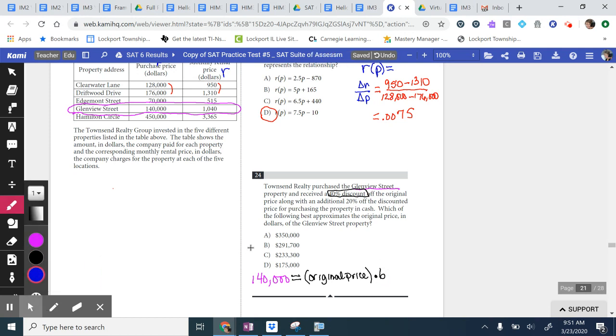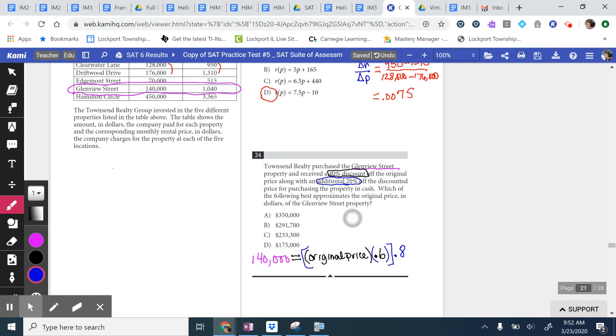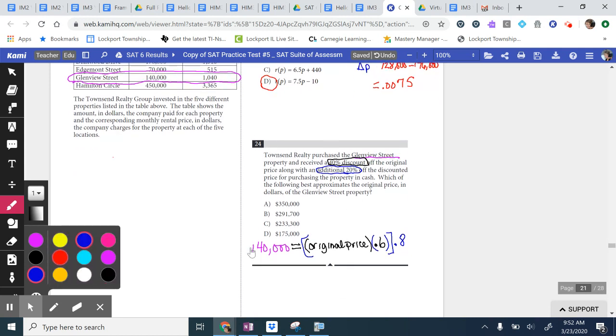But then they said we got an additional 20% off, which means that I only paid 80% on this discounted portion. And now I think we need to solve for the original price.